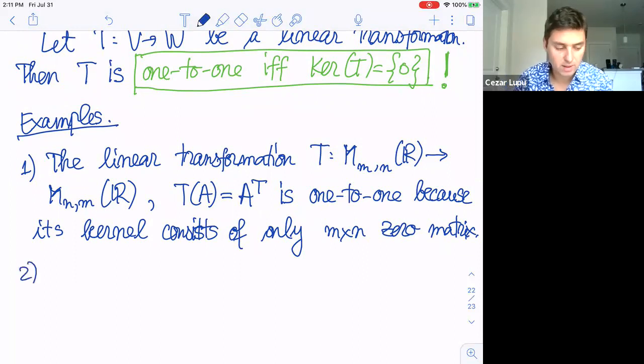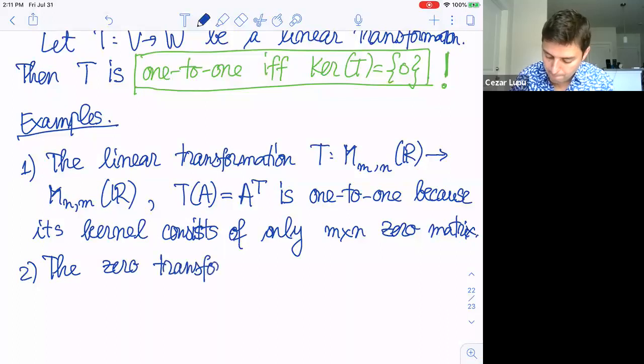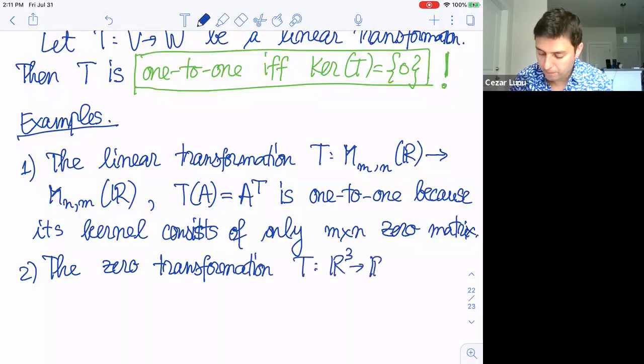The second trivial example is the zero transformation. Let's take T from R3 to R3.